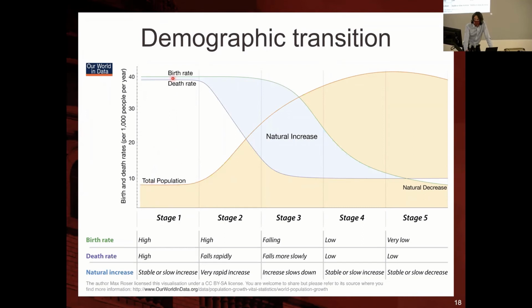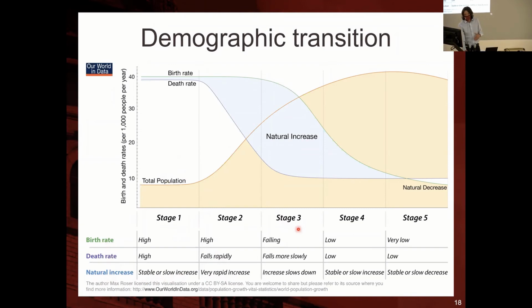On stage 1, you had high birth rates and death rates, so population growth was not actually so strong, so the size of the population was kind of stable. When mortality starts to decline a lot and fertility continues to be high, then population starts to increase really fast. So high birth rate, mortality drops a lot, very rapid increase in population size, in natural increase, birth minus death.